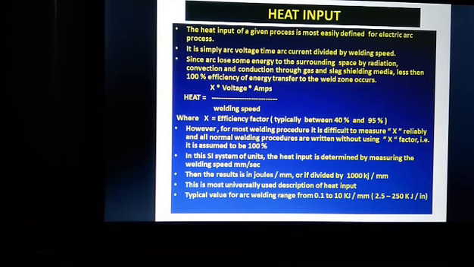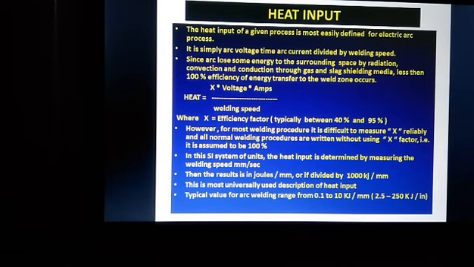Typically, the efficiency factor is between 40% to 95%. However, for most welding procedures, it is difficult to measure X, the efficiency, reliably, and all normal welding procedures are written without using the efficiency factor, as if it is assumed to be 100%.